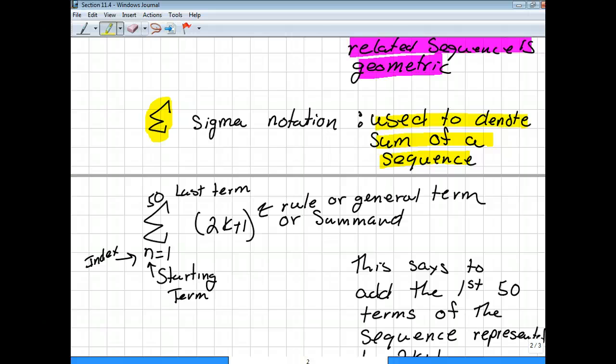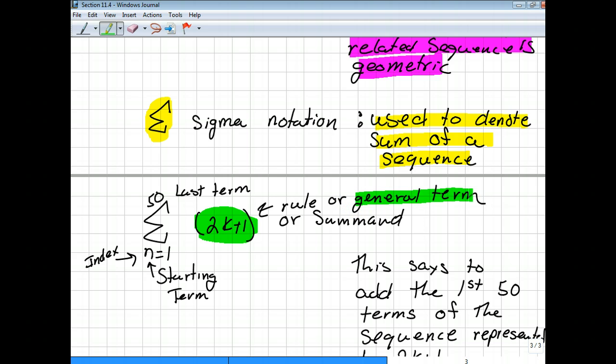So a series represented in sigma notation might look something like this, okay, where this is the rule, the general term or the nth term. Actually let me change this because this letter and this letter should match, so this should be an n right here.